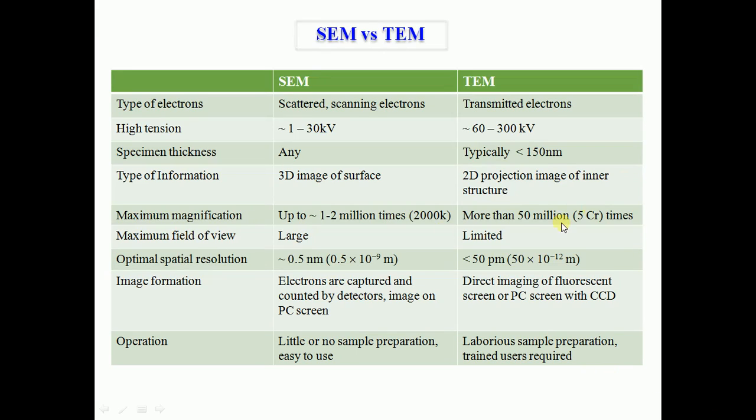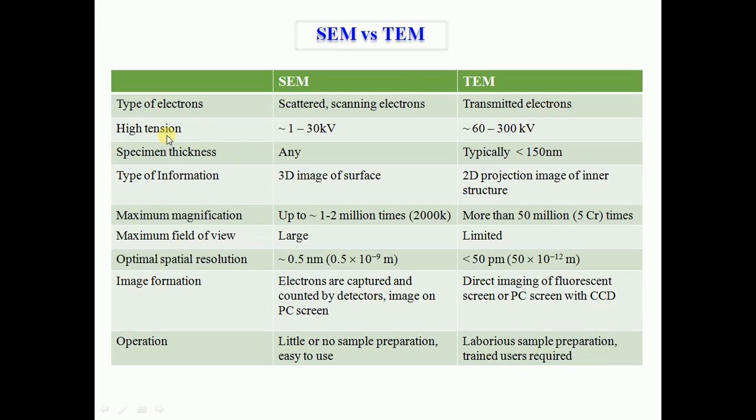Here in SEM, the type of electron which we examine are the scattered electron, particularly backscattered electron, secondary electrons. But in case of transmission electron microscopy, TEM, transmission electrons are examined.